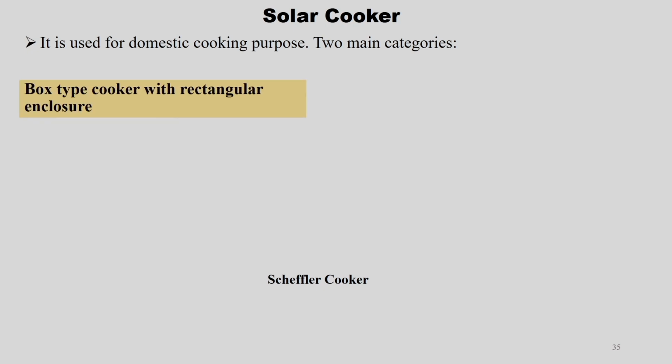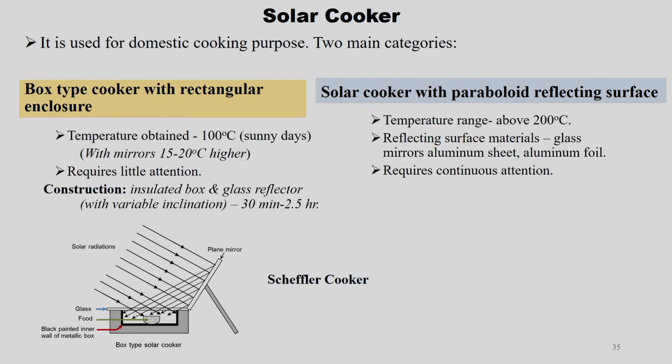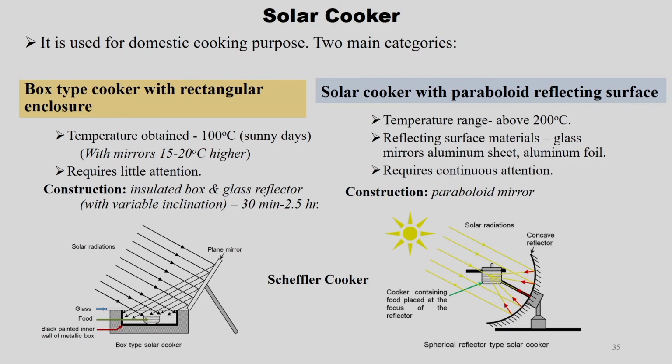So, then we move into applications, and the first one we are going to see is the solar cooker. It is used for domestic cooking purposes. There are two main categories. We have discussed them briefly in our first lecture itself, but here we are going to see them in a little more detail.